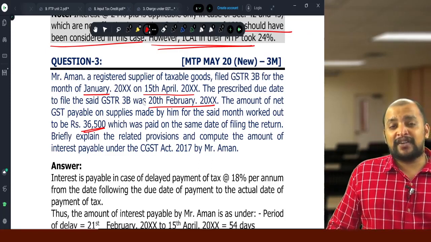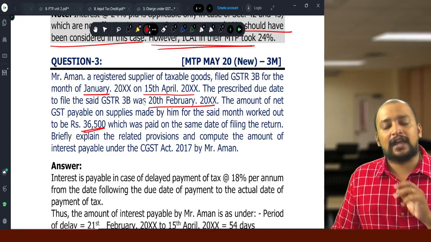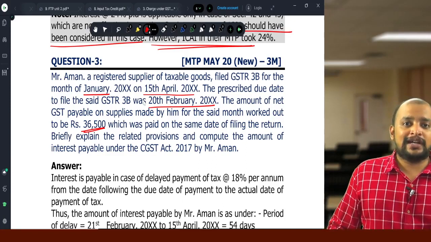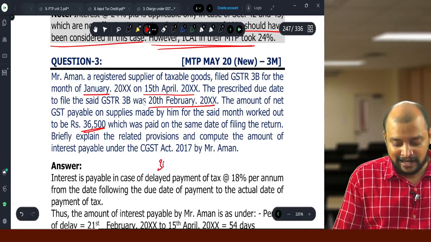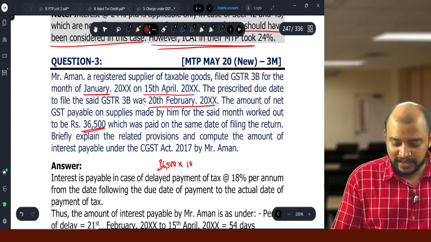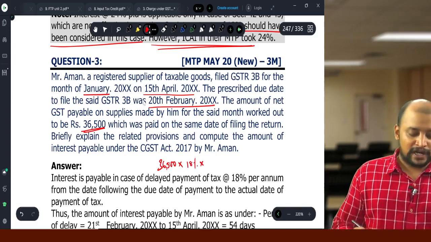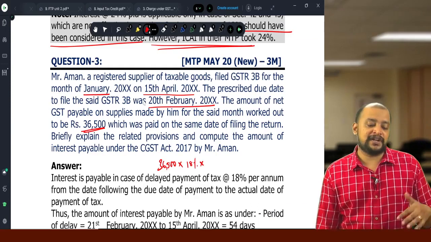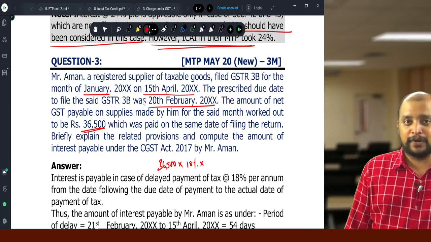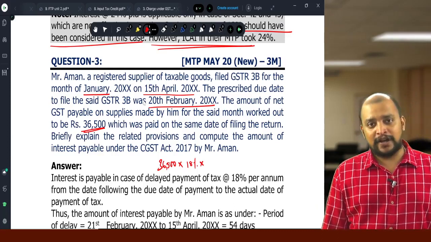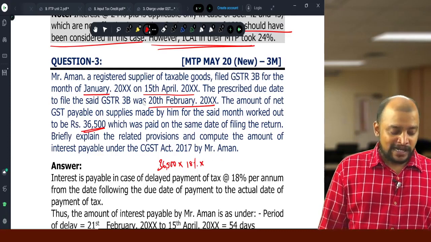Now, for delay in filing 3B, there is a delay in payment of tax. So interest is computed on net liability, that is on 36,500, at what rate? 18%. From which date? What is the due date of filing GSTR 3B for January? 20th February. So you take from 21st February. So 8 days in February. Then March, 31 days.